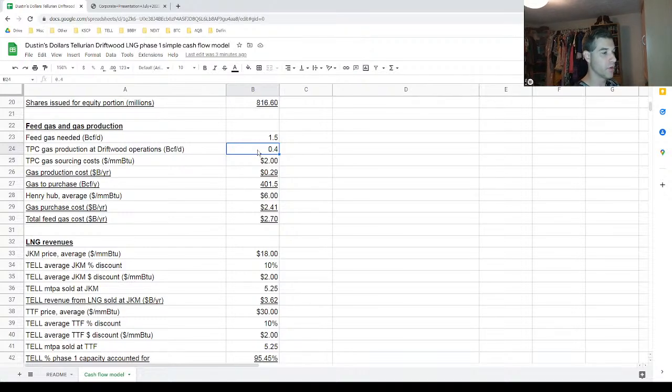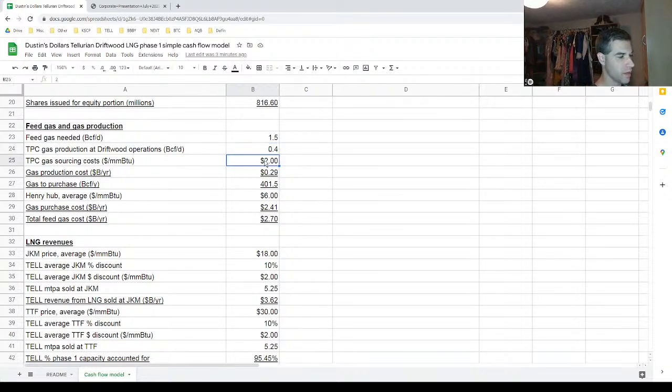How much do I think they're going to be producing themselves by the time Driftwood LNG starts up? And I put this in BCF per day. I did some napkin math and looked at their current production and how much the new wells that they're drilling add, and just guessed a little bit. Again, that's all we can really do for some of these things, do some napkin math and then guess. And I put this at 0.4 BCF per day.